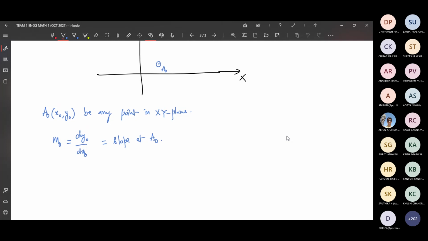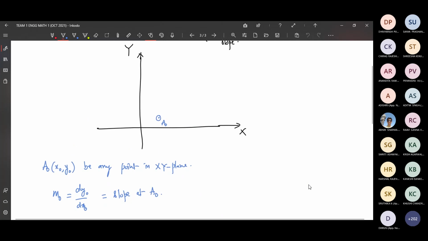Now take a neighboring point A1 to this A0, such that the slope of this segment A0 A1 is m0. Now you use the same technique to construct A2.